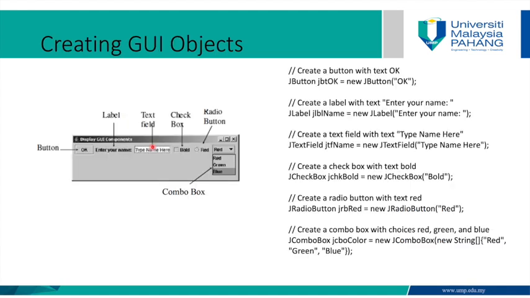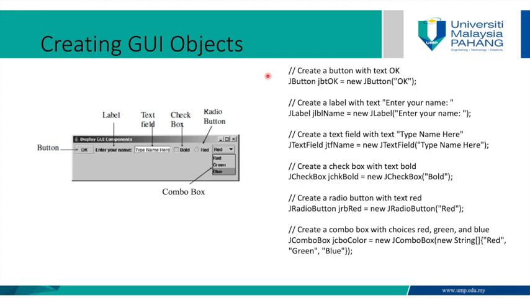So when you are creating your GUI objects, you are trying to visualize what your system has to offer, right? So you can use all this that is already provided in the Java Swing, and also there are several Java APIs that you can use to create GUI, for example, AWT and Java Swing.